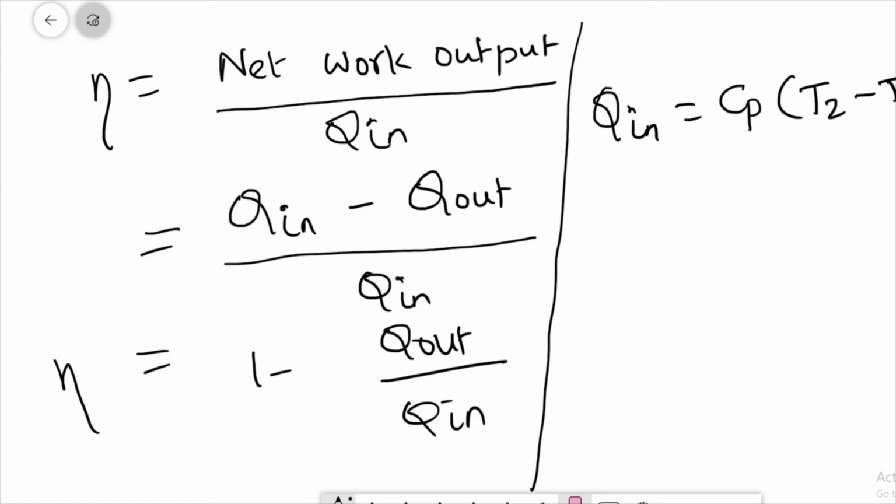Q in is between the states 2 and 3, so it should be T3 minus T2. Then Q out is between the states 4 and 1, so it is T4 minus T1. If you substitute this, the equation further reduces. So we can just write.